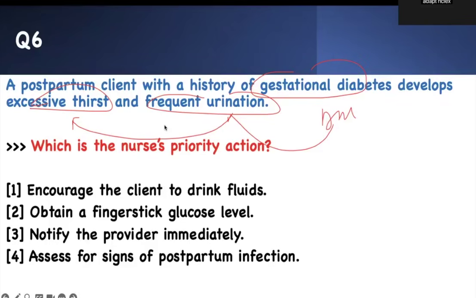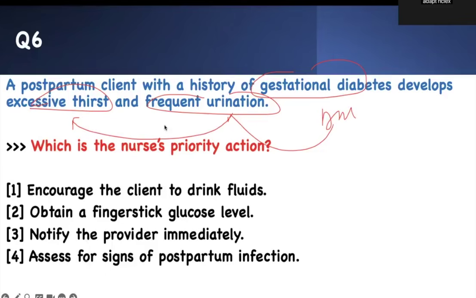Remember, hypoglycemic symptoms are like upper symptoms. You have tachycardia, diaphoresis, but these hyperglycemia symptoms, excessive thirst and urination, will lead to dehydration. What do you want to do? Do you let them drink more water? Do you check your finger stick? Do you let the doctor know you are looking for signs of postpartum infection?